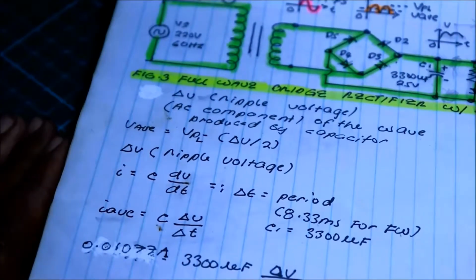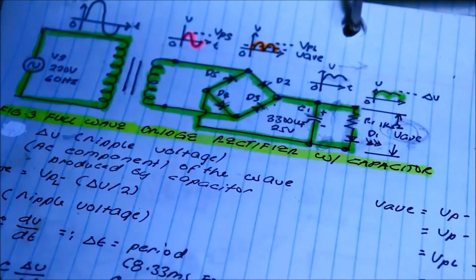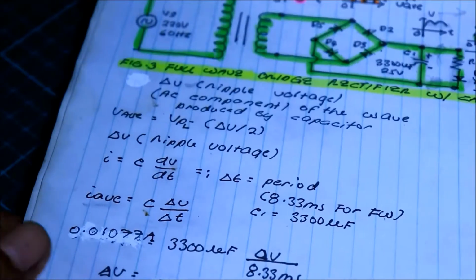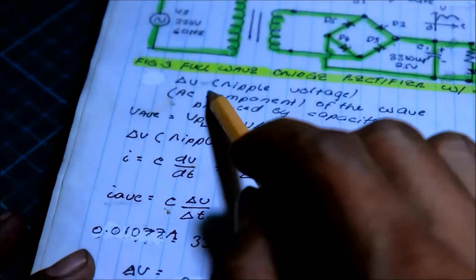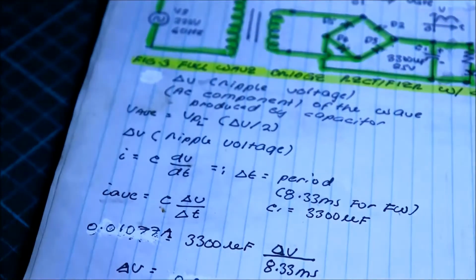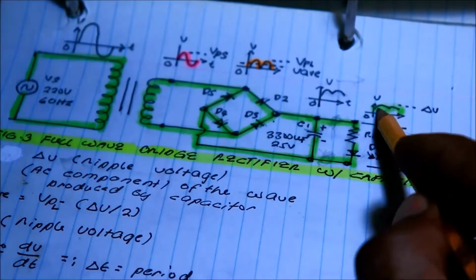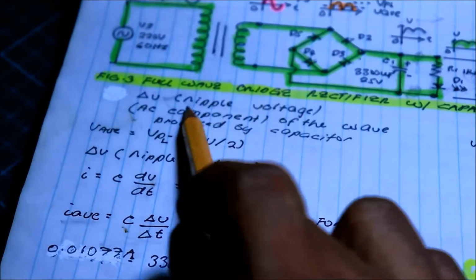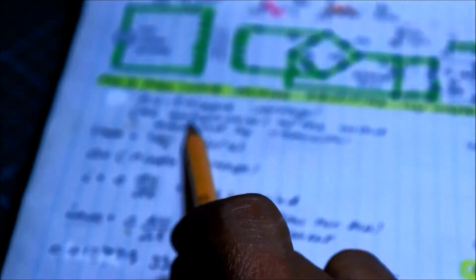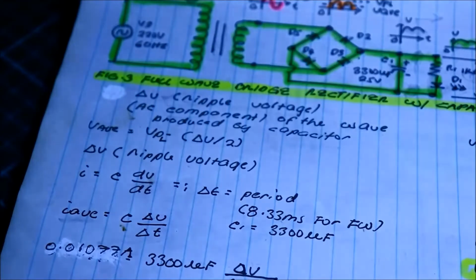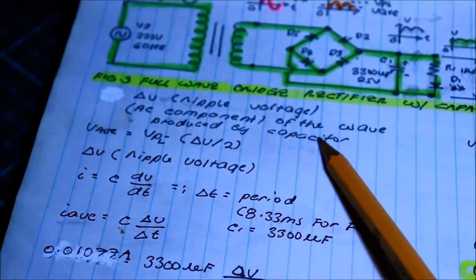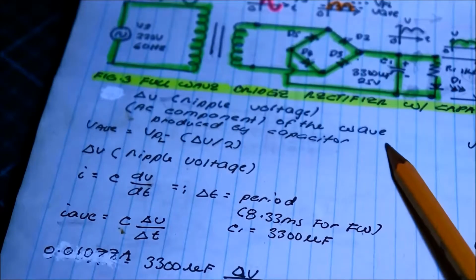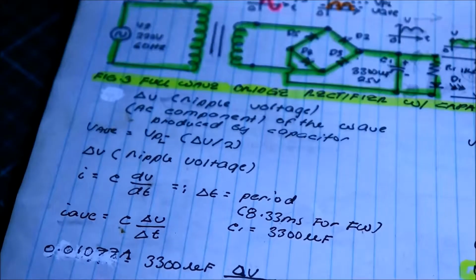See, this is the ripple voltage. What is this ripple voltage? It is the AC component of the wave produced by the capacitor.